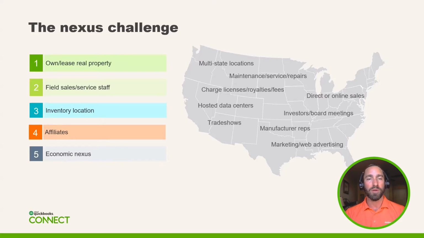So lease or real property, affiliates, and again, number 5, we'll dive into economic nexus. But the big thing is, look at the state you're located where you have your home office, and then ask yourself if you have any of these things outside of that state. And if you do, then you potentially need to be getting registered for sales tax purposes in those particular states.